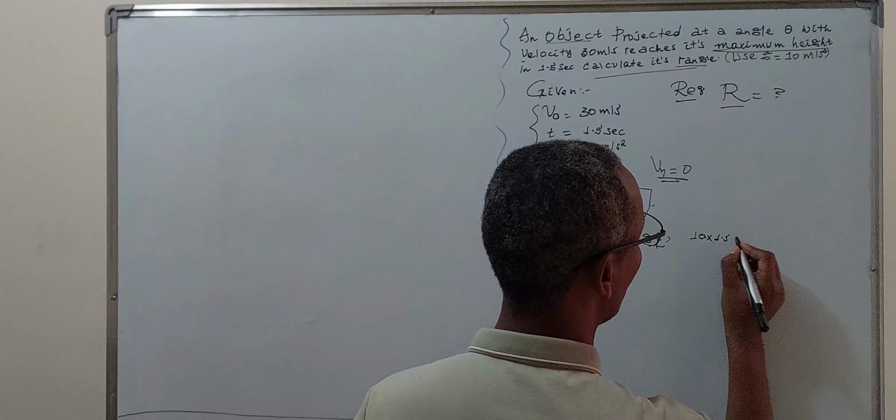So you can plug this in over here: 0 is equal to V sub O sine theta minus 15.